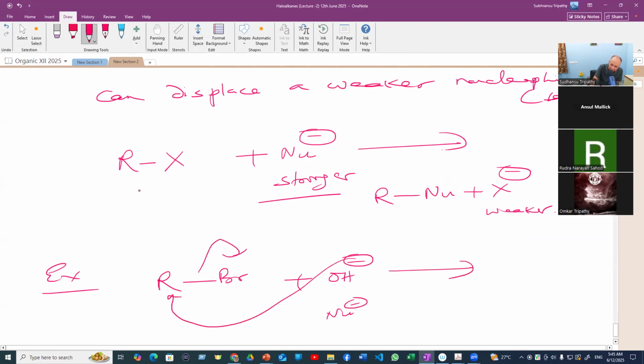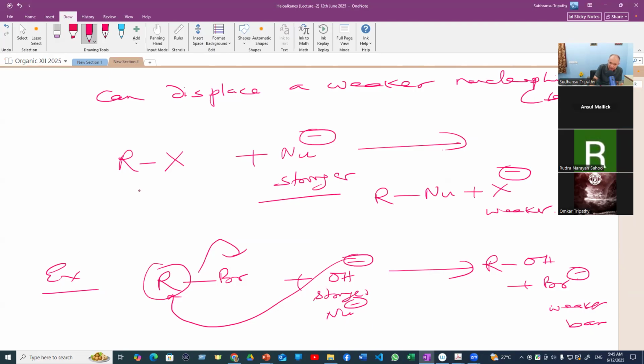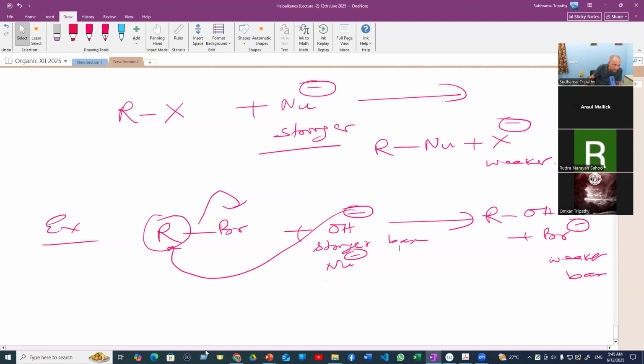Doesn't matter whether it is SN1 or SN2, that depends on R. I'm not entering deep into the mechanism, but saying the fundamental principle. This is a weaker base, this is a stronger base. Stronger bases are stronger nucleophiles in general. But the opposite reaction is not possible.